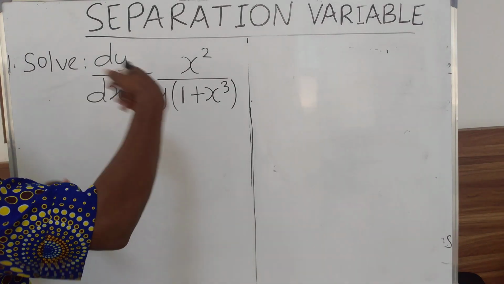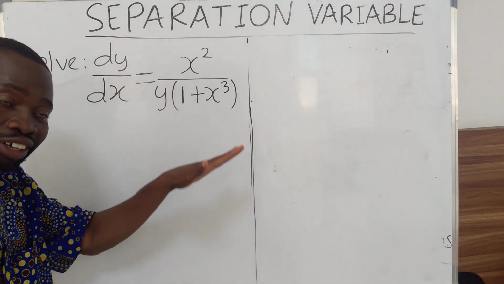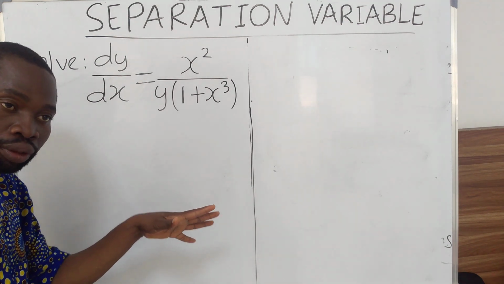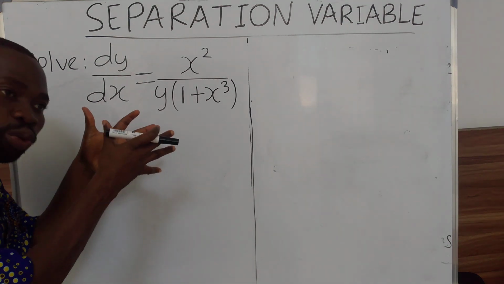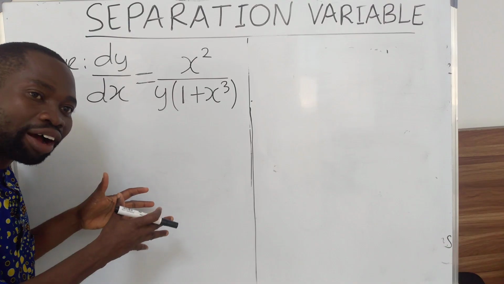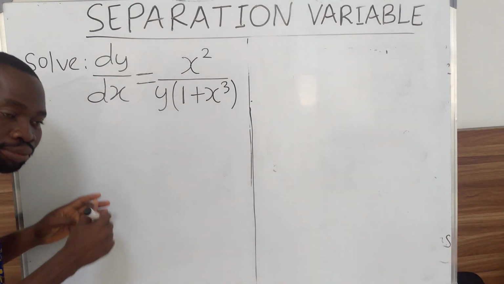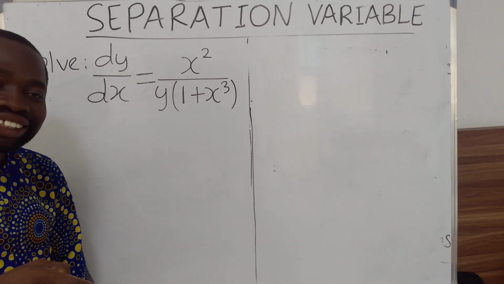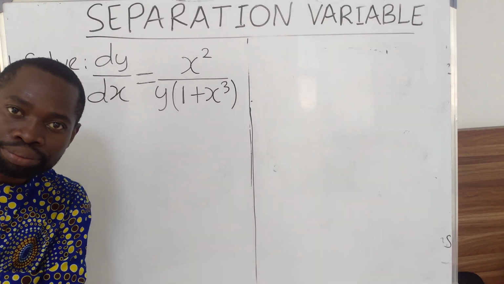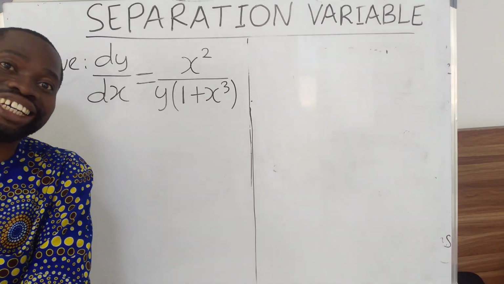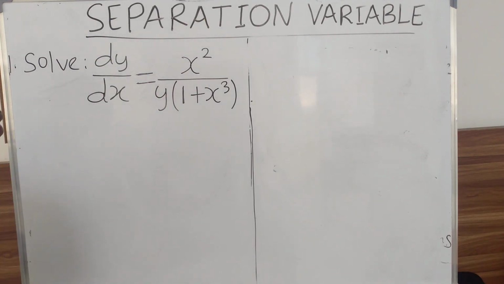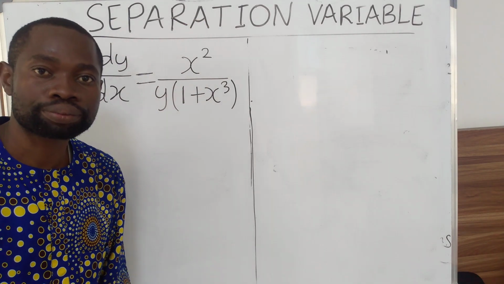If you can rearrange the equation so that all the y variables and dy are on one side, and all your x variables and dx are on the other side, then this method can be applicable.